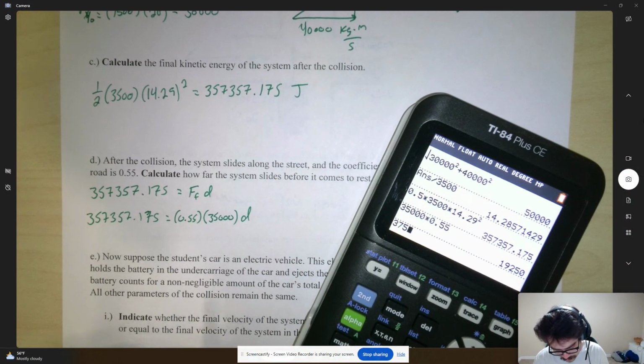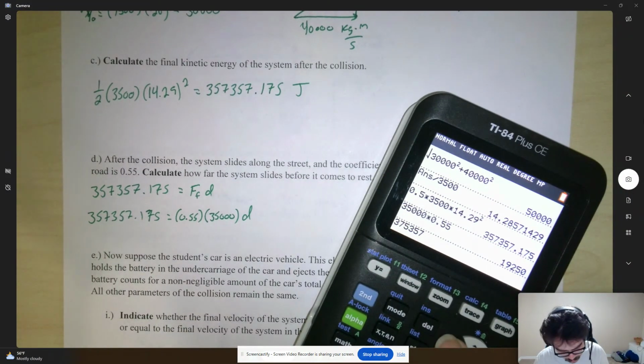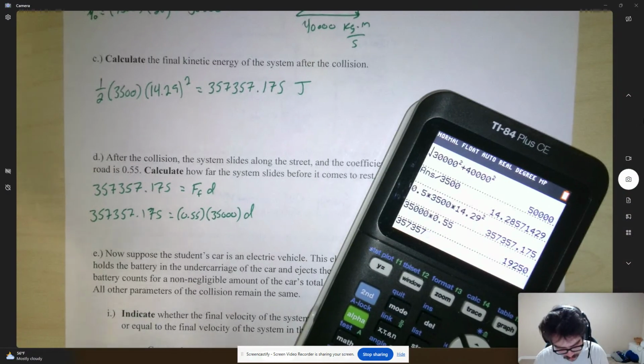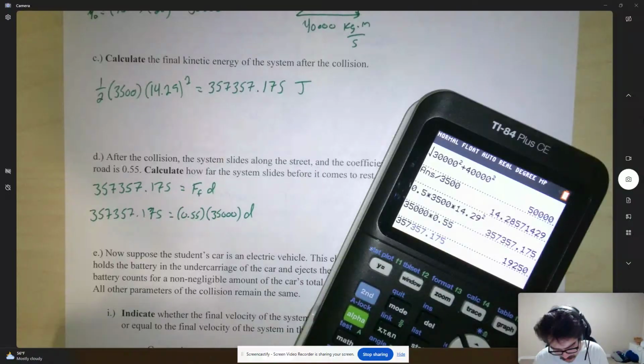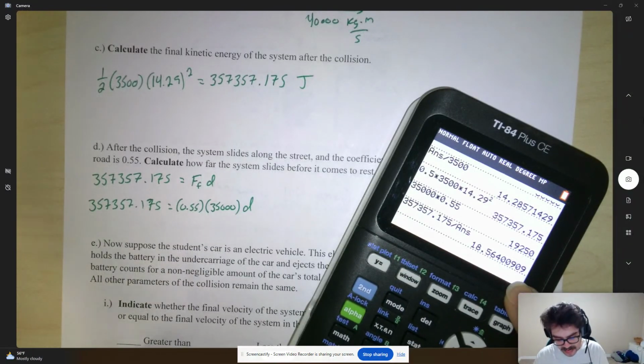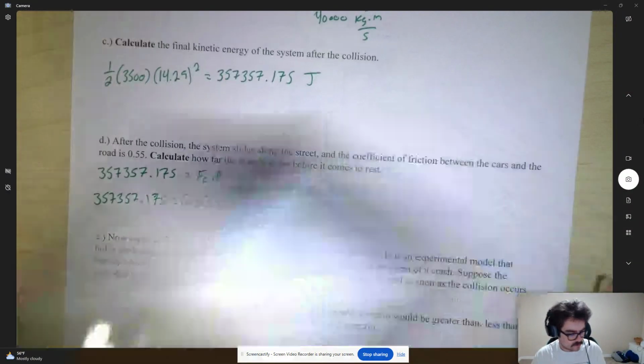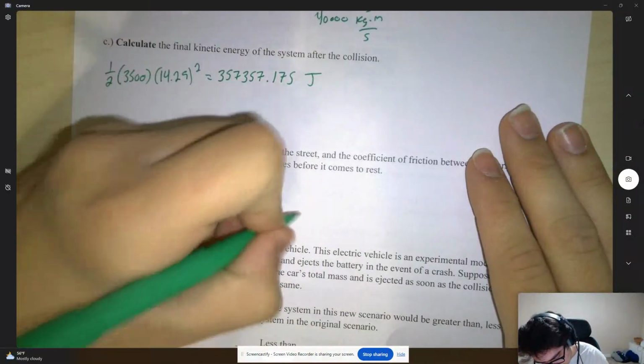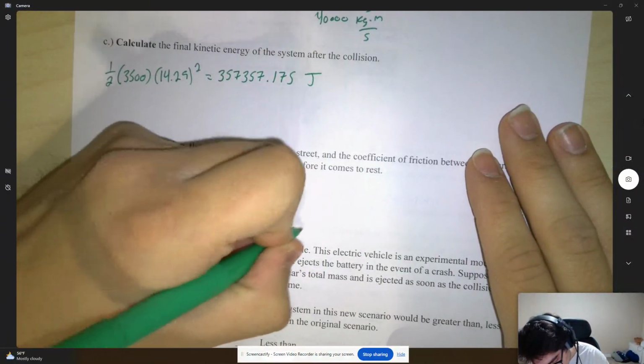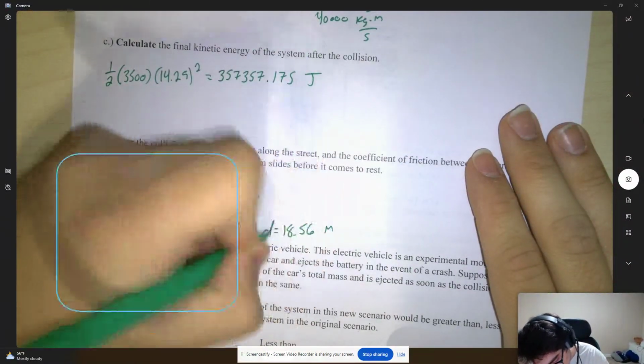And then I do 357 divided by my answer, and I get about 18.56. Yeah, let's leave it at that. So then D ends up being 18.56 meters. Okay.